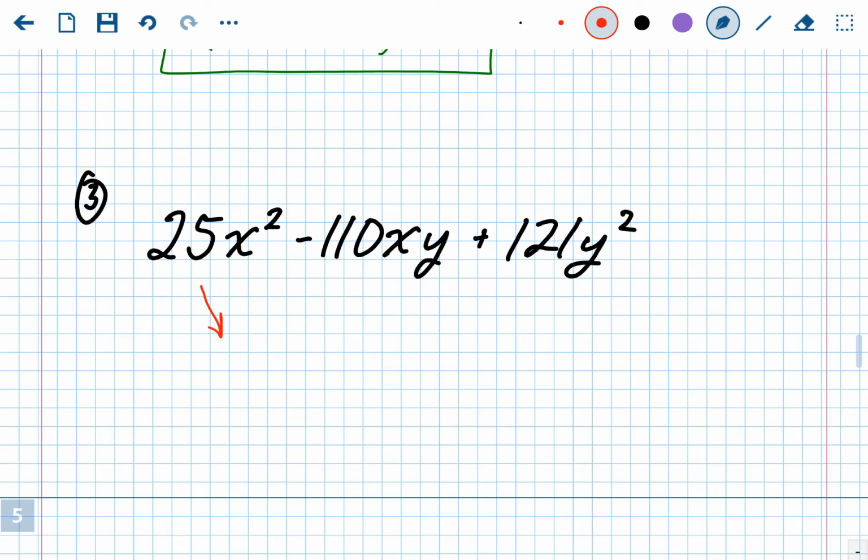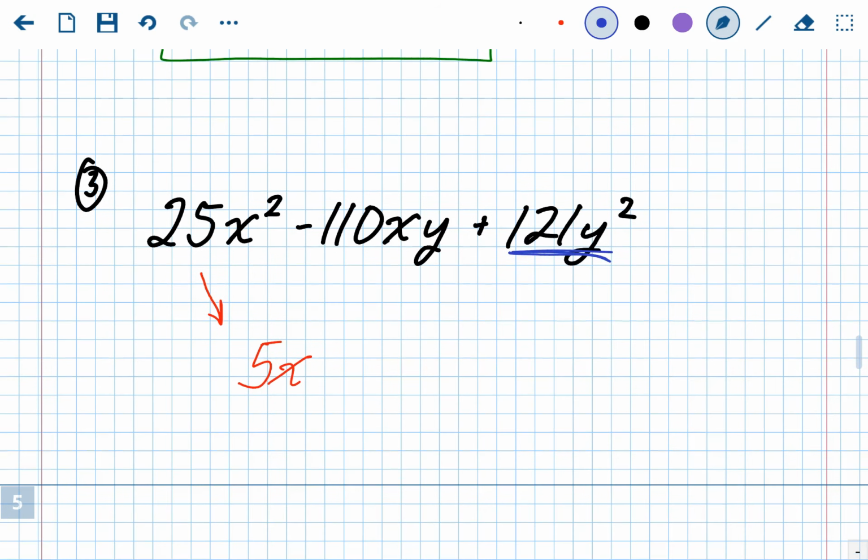Yes, 25x squared is 5x times 5x. The last term, 121y squared, is that a perfect square? Yes, 11 times 11 is 121, and y times y is y squared. So 11y times 11y would be 121y squared.